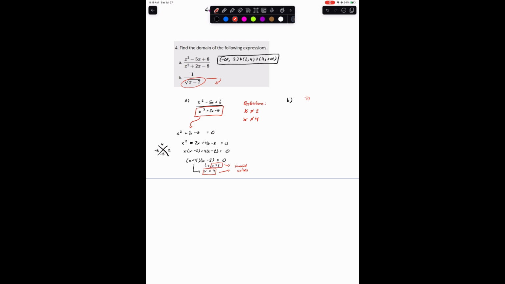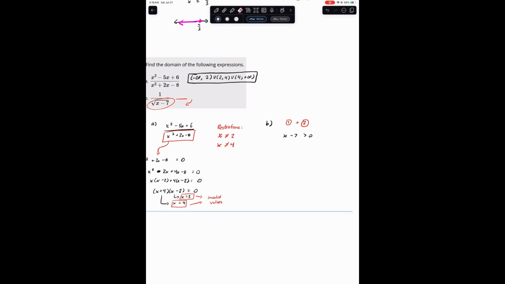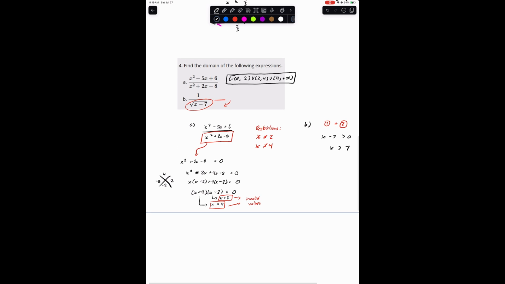So again, for 1 and 2, this is a variation where if you have a radical under the denominator, with an even root, instead of doing x minus 7 greater than or equal to 0, you just take away this equal sign because of the fact it can't be 0. From here, you just solve, add 7 to both sides, x greater than 7.